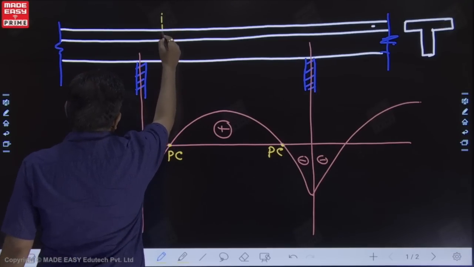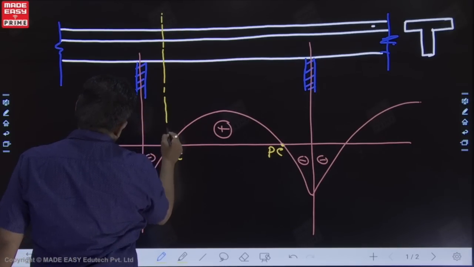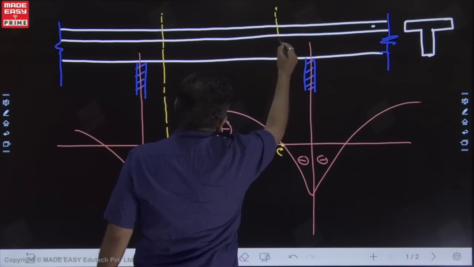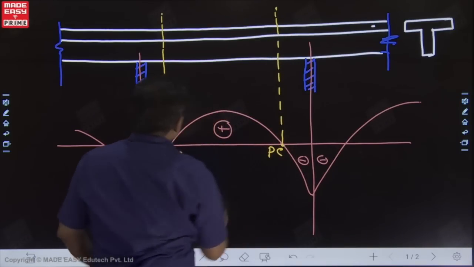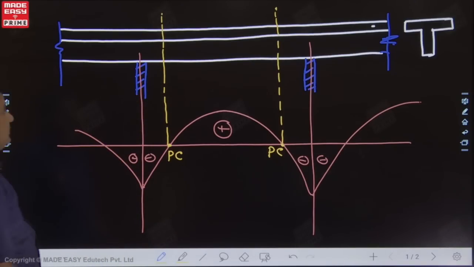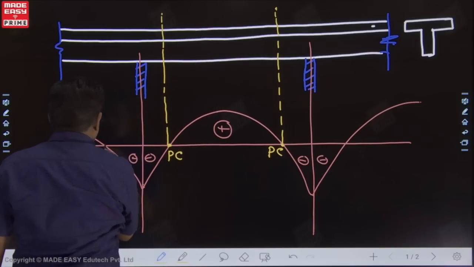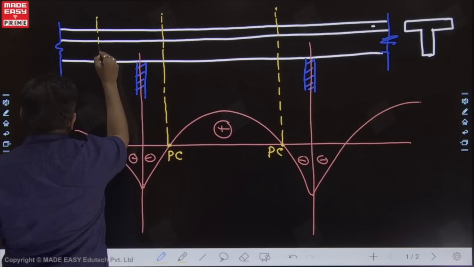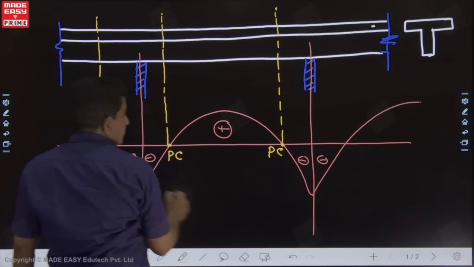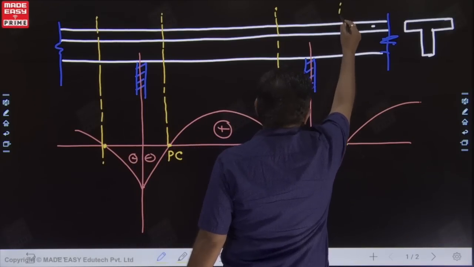So if I show a line from this point of contraflexure over here and over here, this T-beam will behave as for positive bending moment in this area. Here is also a point of contraflexure.